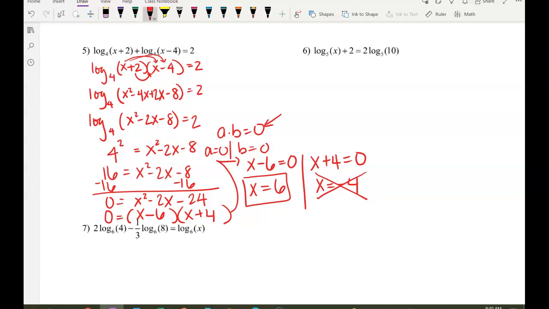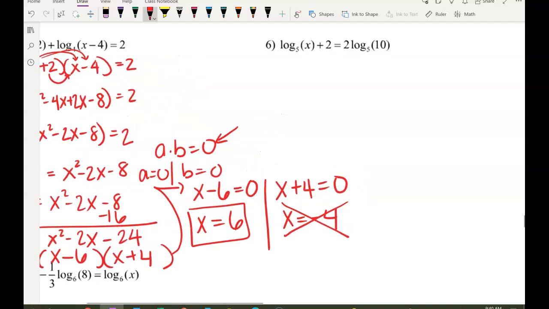Look at example 6. Does it look like we have one log on each side? Yes, but. There's a but. There's another number, so we can't just go and drop it. So what we need to do is move all the logs to one side.